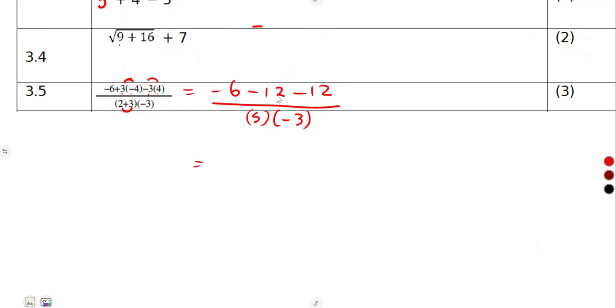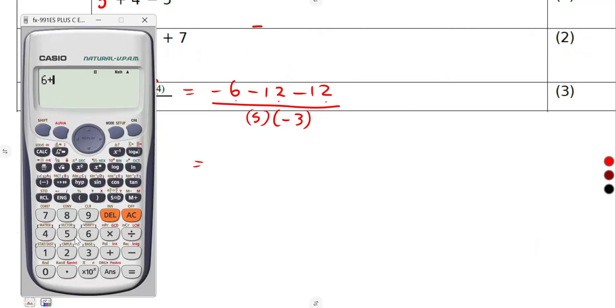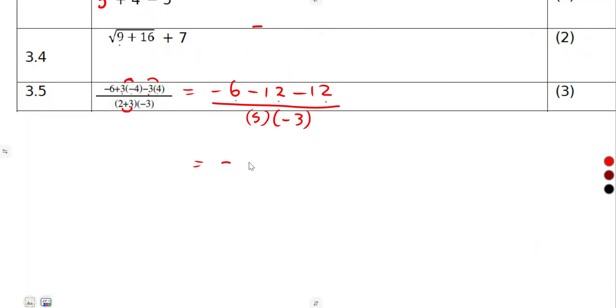So -6 minus 12. We are going to the left, so you just add these numbers. 6 plus 12, that is 18, plus 12, that is going to be 30. All right. Is that so? Yeah, that's going to be 30. Just add the numbers. 6 plus 12 plus 12, like this. That's 30. But it's going to carry a negative because you are simply subtracting going to the left. So you simply add and put a negative. 5 times -3, that's -15.